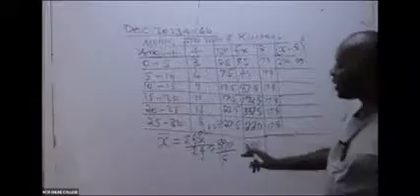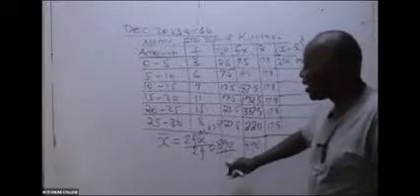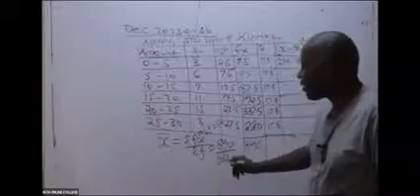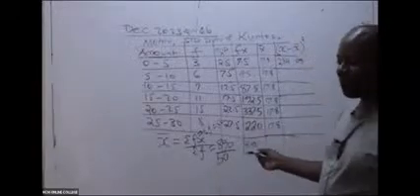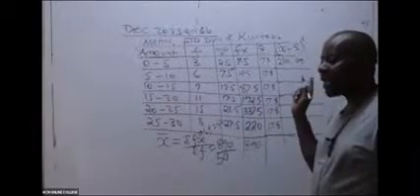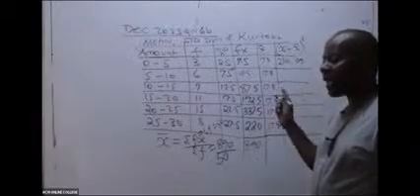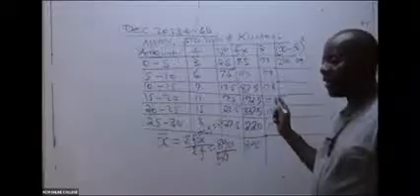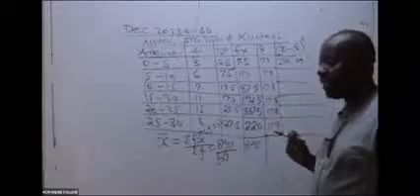I was using 50 instead of 15. I'm really sorry. This is supposed to be 50. The sum of frequency is 50, sorry. Please reconfirm the mean. 890 divided by 50, not 15.